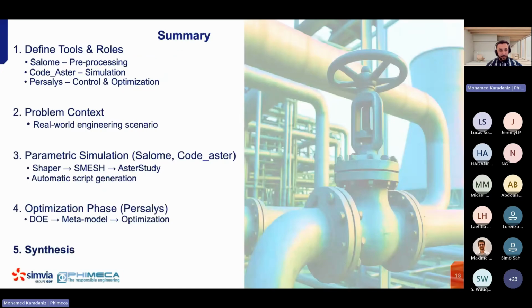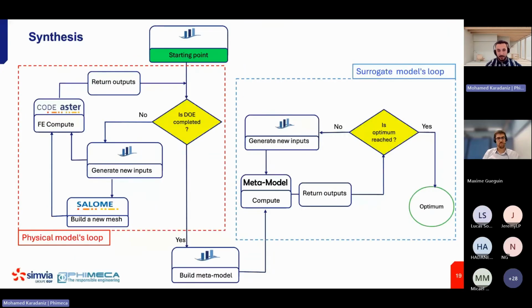Okay, so that brings us down to the last slide of the presentation, which is the synthesis of the whole workflow. So here, the starting point is Persalys, which is, as you have seen it, the driver of all the operations. The idea is in the first step to use the physical model in order to create a design of experiments.